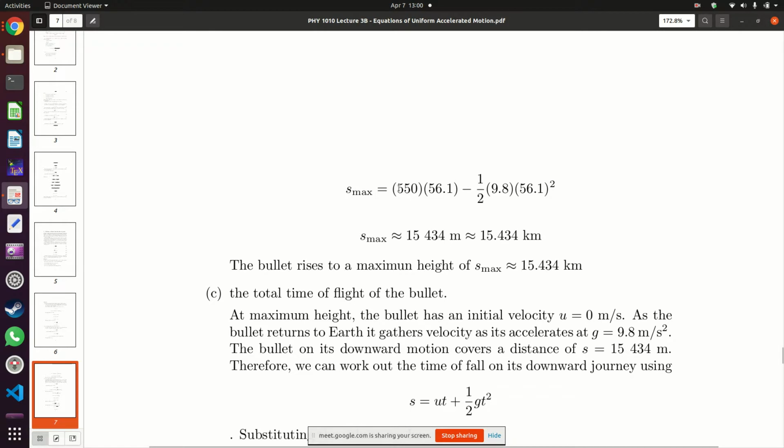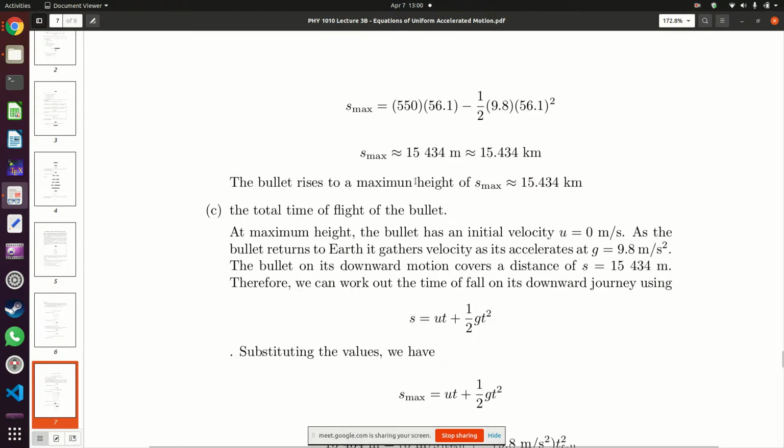So we have 550 times 56.1 minus half times 9.8 times 56.1 squared. We carry out this multiplication, you end up with 15,431 meters, which is approximately 15.431 kilometers. So that's basically the maximum height to which the bullet rises.